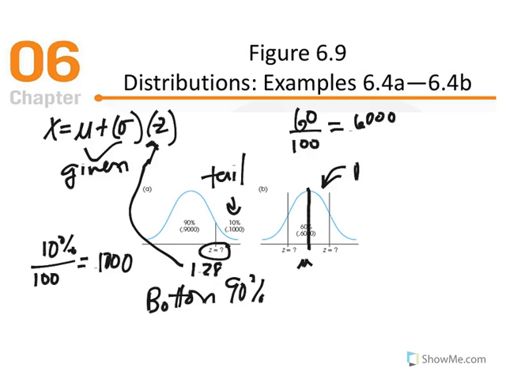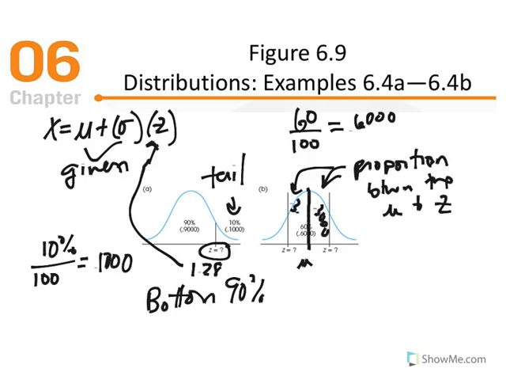This is referred to as the proportion between the mean and z-score. And it's the same on this side as well. So if we split it in half, now we have a proportion of 0.300 here and equally 0.300 here. That allows us access into the unit normal table.